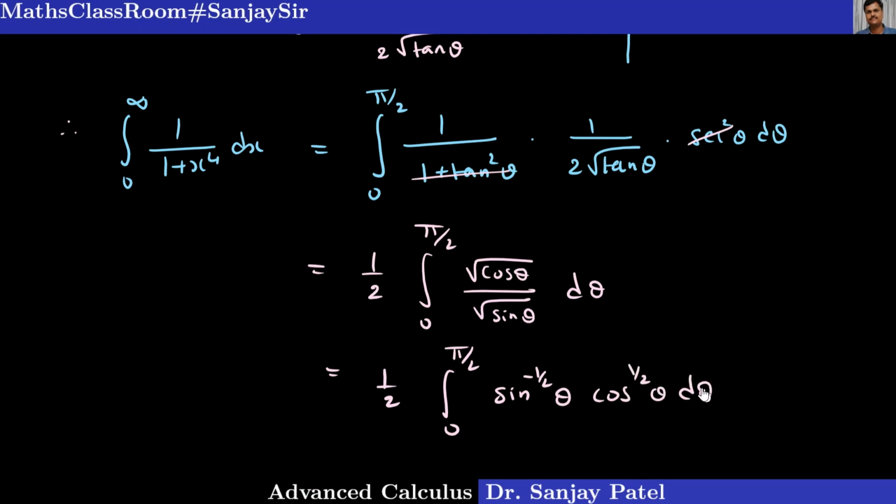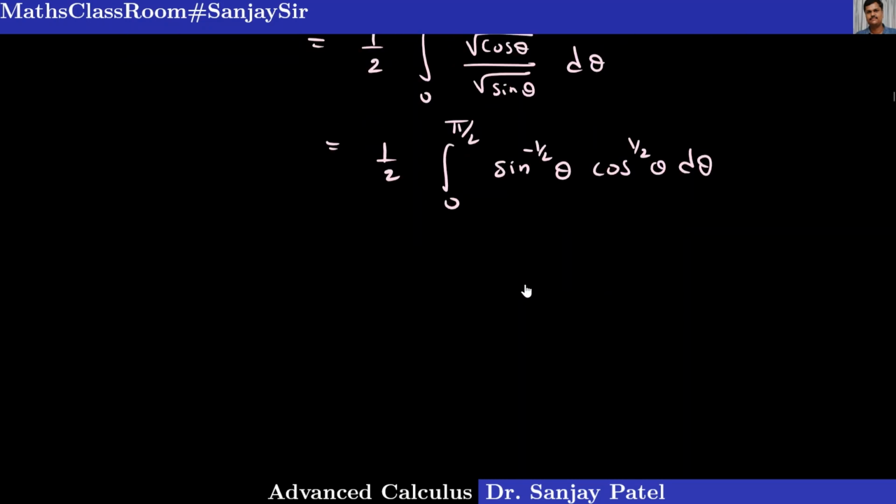Okay, so this is nothing but the beta function, which I can write as 1 by 2 times beta of minus 1 by 2 plus 1 by 2, and q plus 1 by 2.